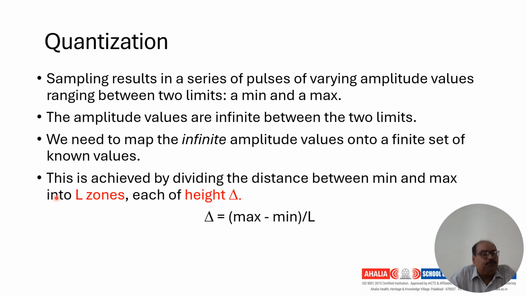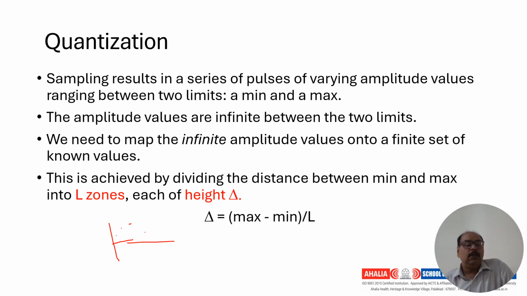Quantization means, all of you stop writing and listen to me. You have a signal like this, say for example something like this. What we have done is that we have sampled the signal, and we have created points like this.